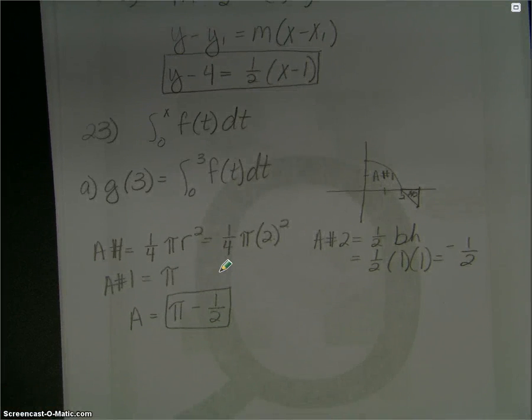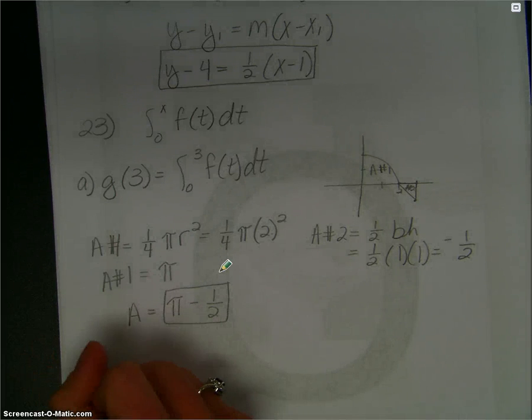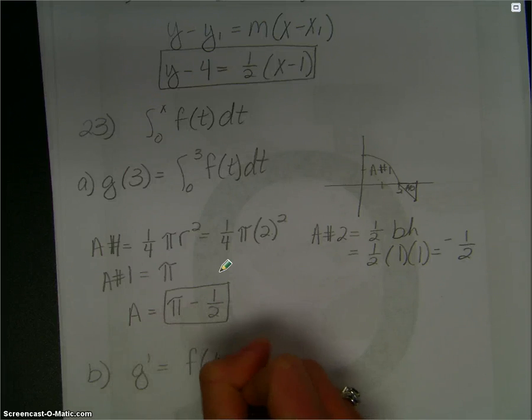Okay, in part B, it wants me to find all of the x-values on the open interval from -2 to 5, which is my whole graph here, at which g has a relative maximum. Okay, so this is the graph of f, and so since g is the integral of f, g prime is going to be equal to f at t.